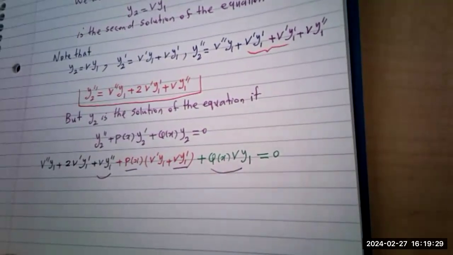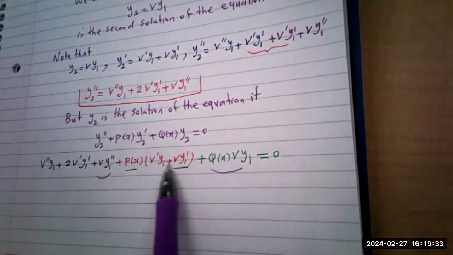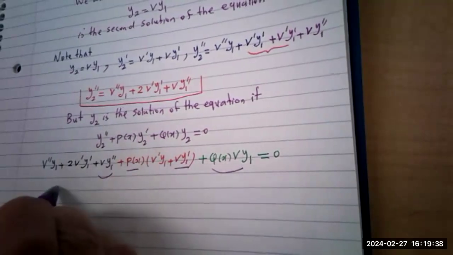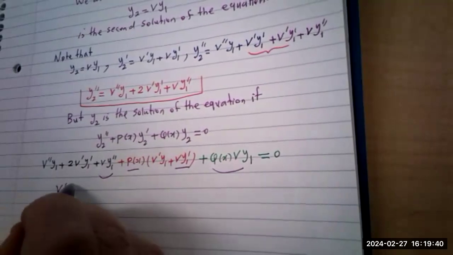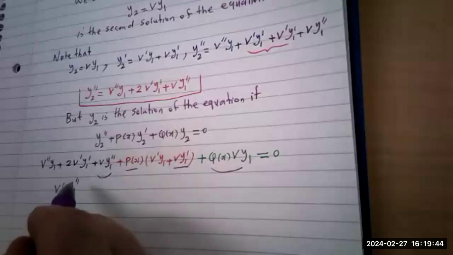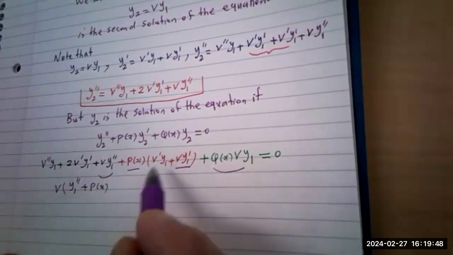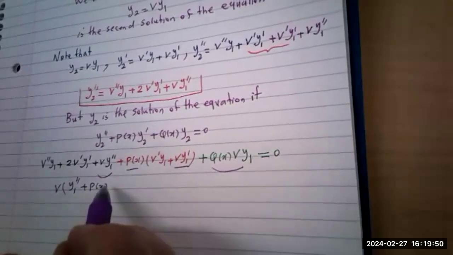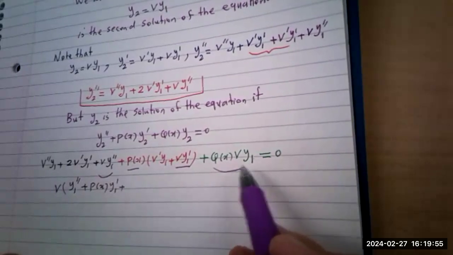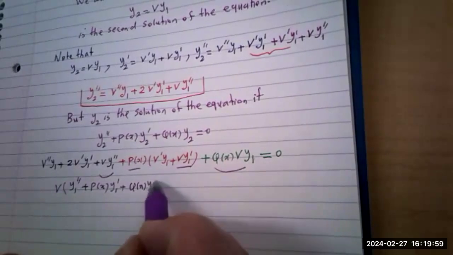All of them are going to have the v, so I can factor out the v. If I factor out the v, the leftover is going to be y1 double prime plus px y1 prime plus qx y1.